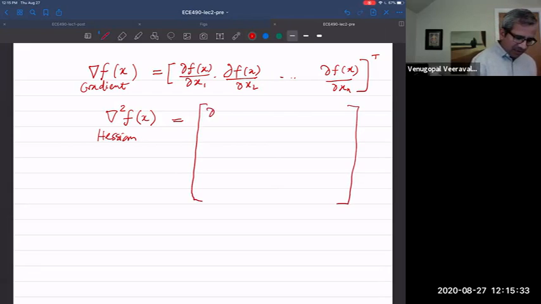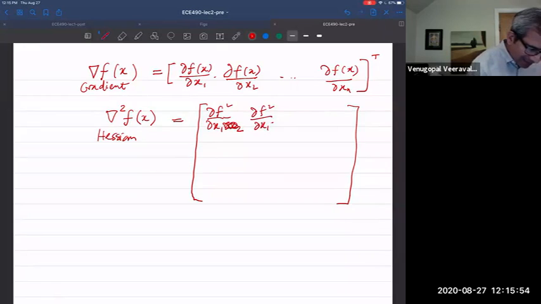So it's basically del squared f over del x1 squared, then del squared f over del x1 del x2, and so on. Sorry, this should be x2: this is x1 squared, this is x1, x2, and so on.